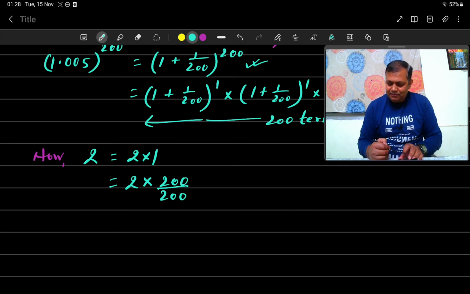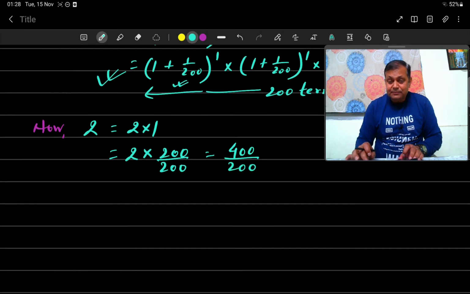Why? Because in this expression we have 200 in the denominator. So to get this term we are thinking like this. Now we can write it as 400 divided by 200.